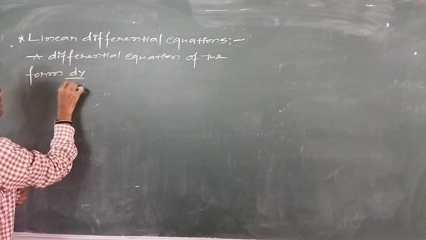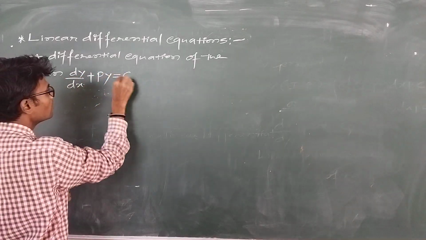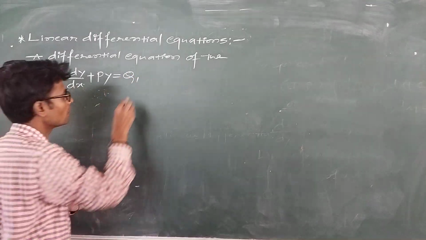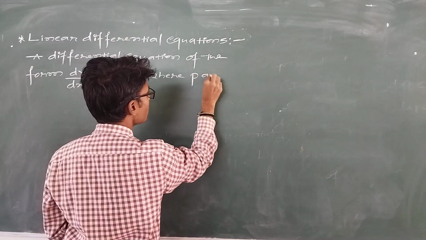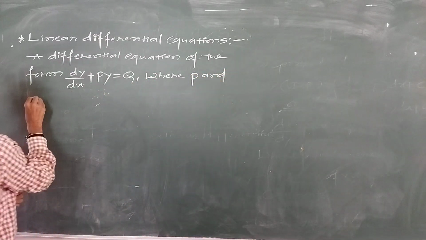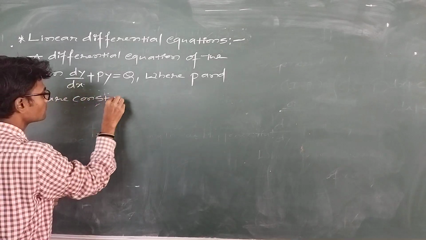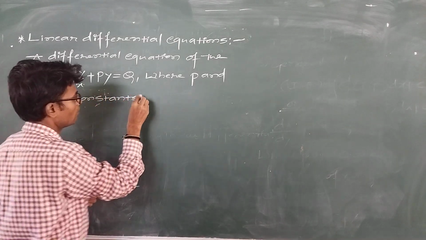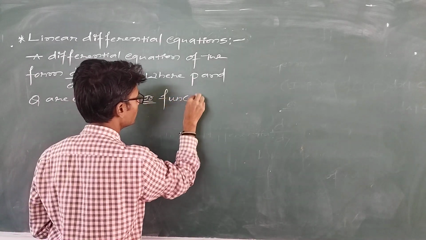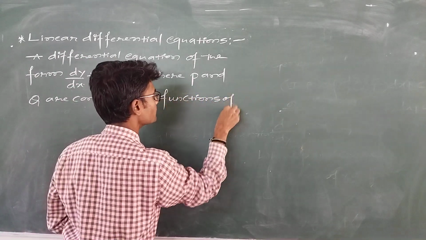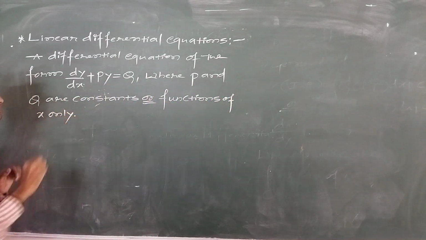dy by dx plus py is equal to q, where p and q are constants or functions of x only.